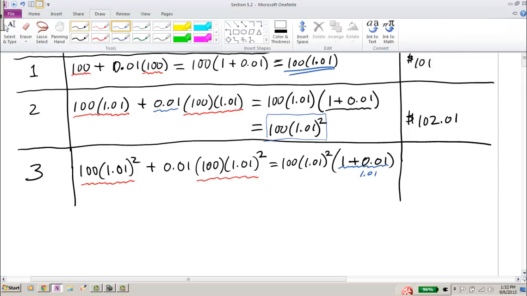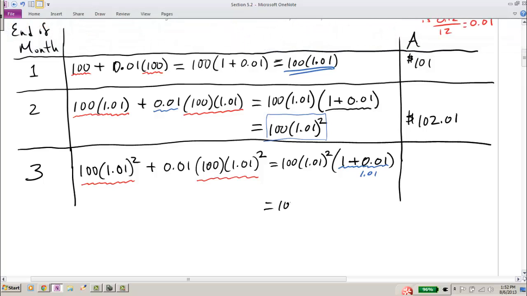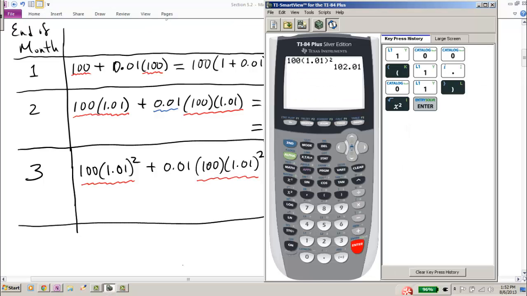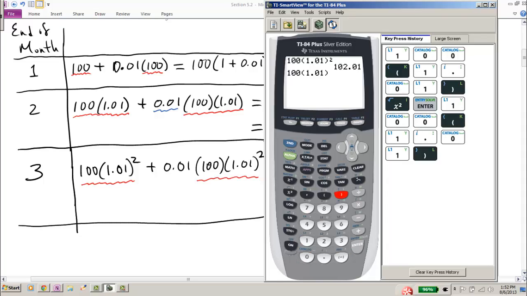So we can write this expression as 100 times 1.01 cubed. Now we can use our calculator to get a dollar figure: $103.03 if we round to the nearest penny.